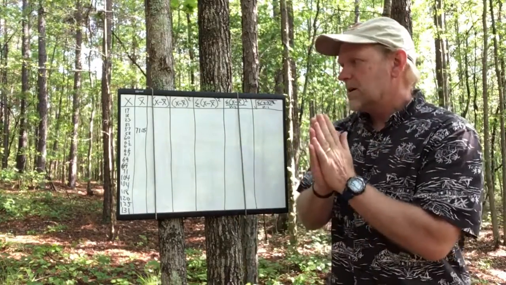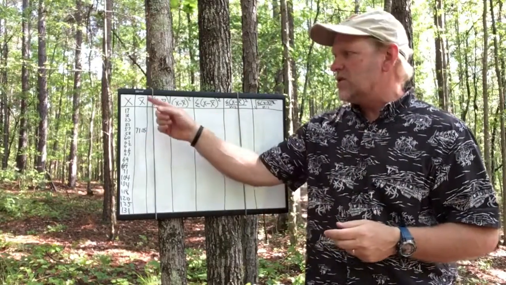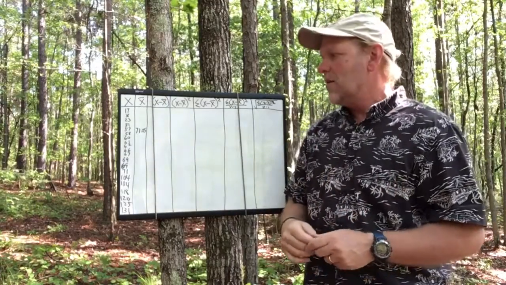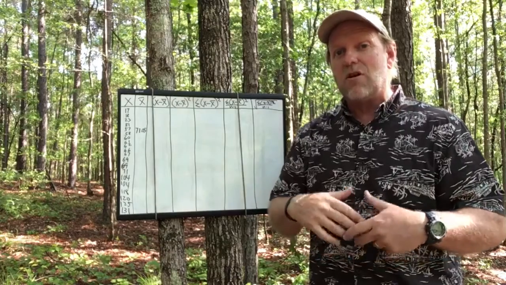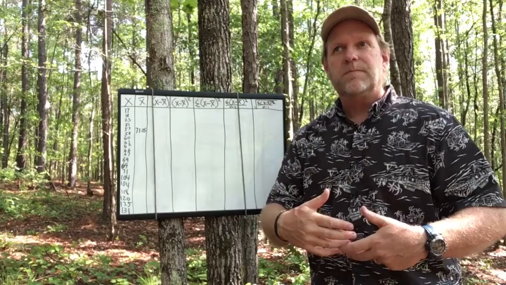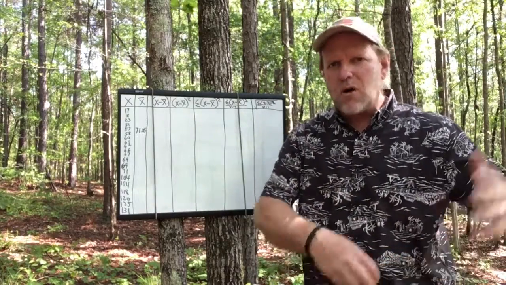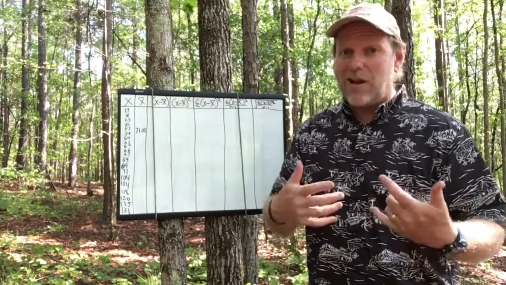We call that average, in statistics, bar X. Our data points are just X. The number of data points that we have is called our N value. That's the number of experiments we've run, the number of trees we've measured, the number of frogs we've caught, whatever.